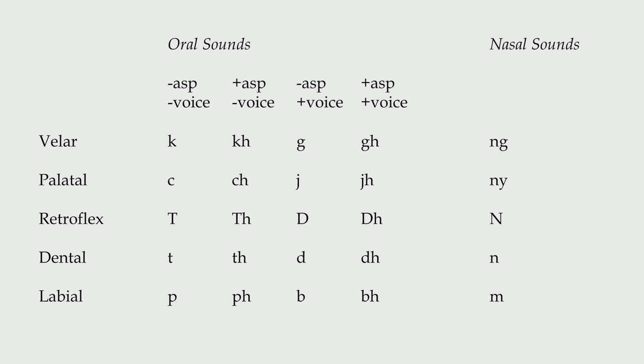We want to spend a minute or two with this chart, and then we will go back to the picture that we have just looked at once again. See the sounds, and I am sure you have heard these sounds before. I only want your attention on these sounds in a systematic way for you to understand what is involved in the production of these sounds.